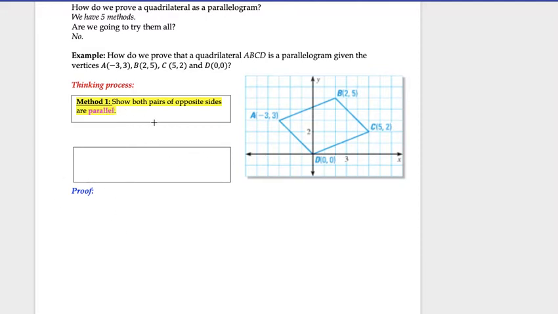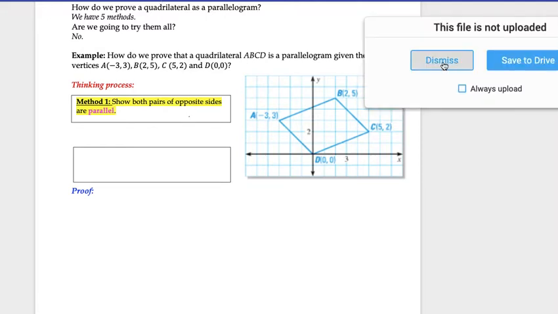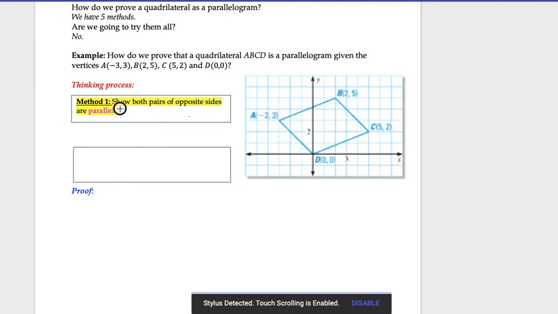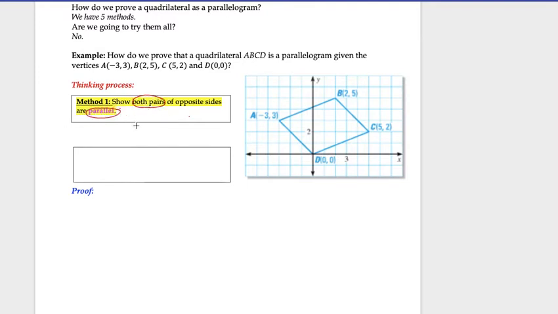The first method, as we mentioned, we need to show both pairs of opposite sides parallel. So we need to show both pairs and we need to show parallel. Then in coordinate geometry, what formula can we use to prove parallel? Some students probably already figured it out.